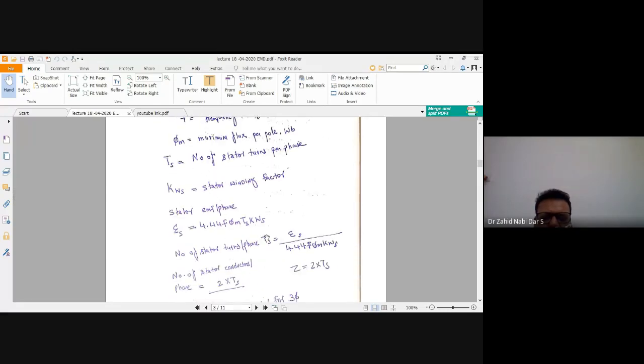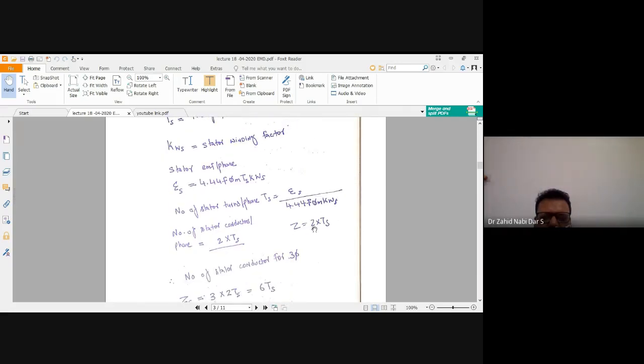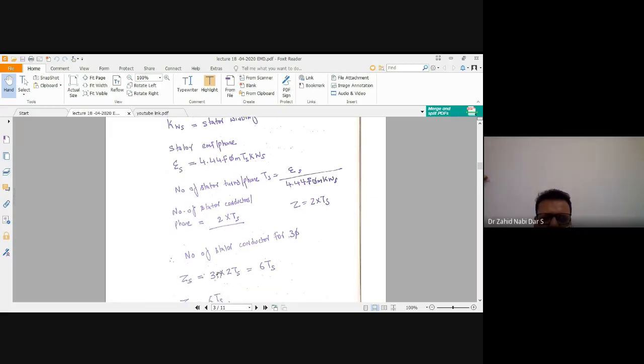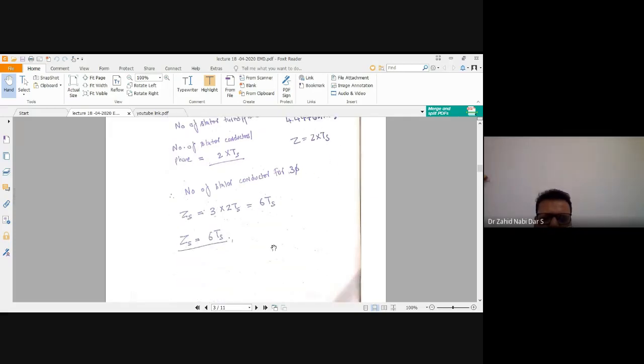Just as in the case of the transformer we were calculating the number of turns, in a similar fashion you can calculate here also. Z would be equal to 2 times TS. In case of a three phase it would be multiplied by 3, so it becomes 6 TS.